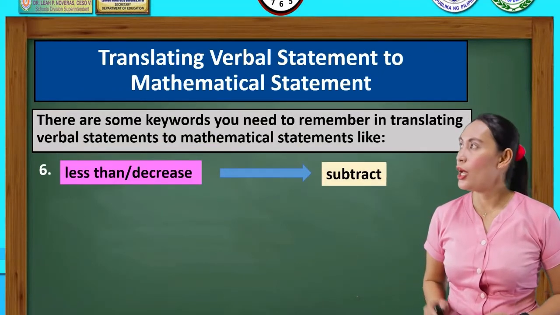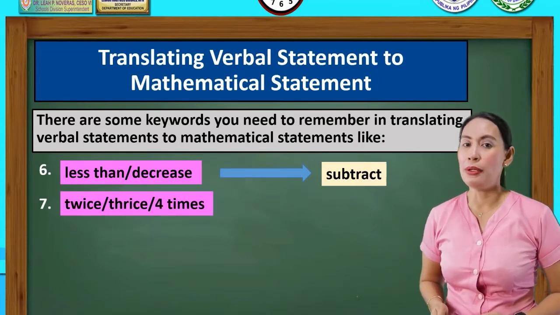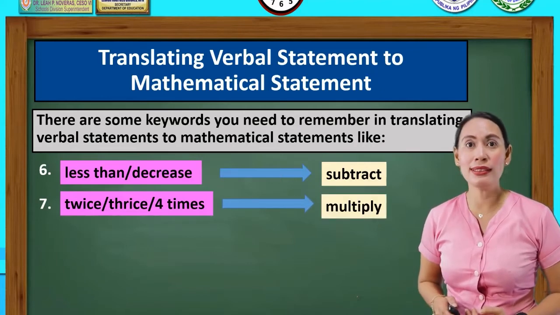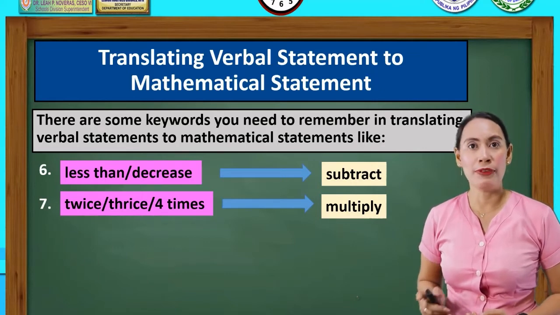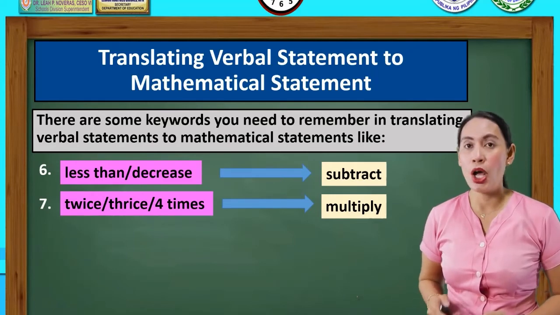Number 7, twice, thrice, or 4 times means multiply. So if it is twice, multiply the number by 2. If it is thrice, multiply the number by 3. Or if it is 4 times, multiply it by 4.